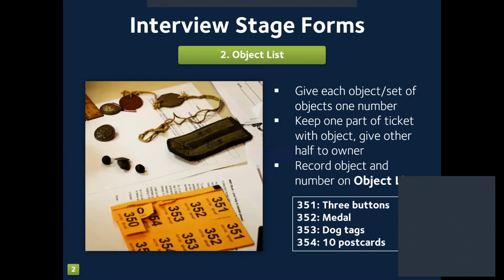But I'm just going to give you an example here. You can see the image. You've got a selection of items, and we've got a book of raffle tickets. In this example, there are 3 buttons here. We don't have to give each button an individual raffle ticket. We could group those 3 buttons together and say, that is number 351.